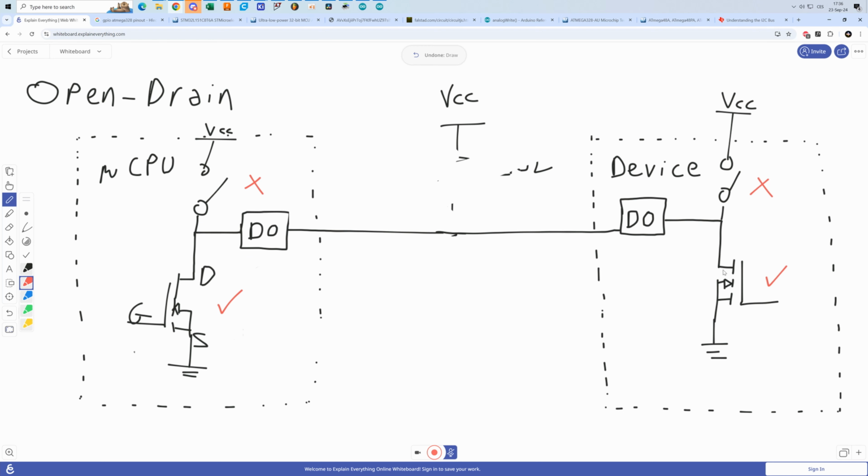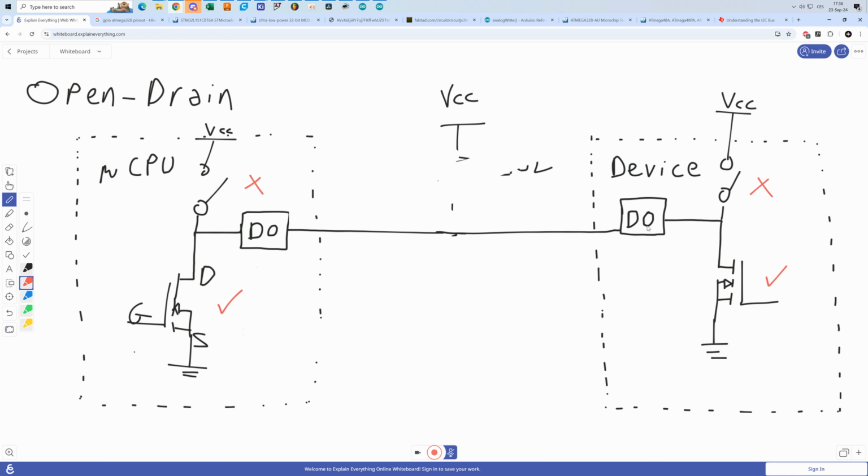So if we wanted to use a push-pull driver for communications, that's going to show huge problems because this device would need to always be in the same state as the microprocessor. Well, that's not very useful communication.